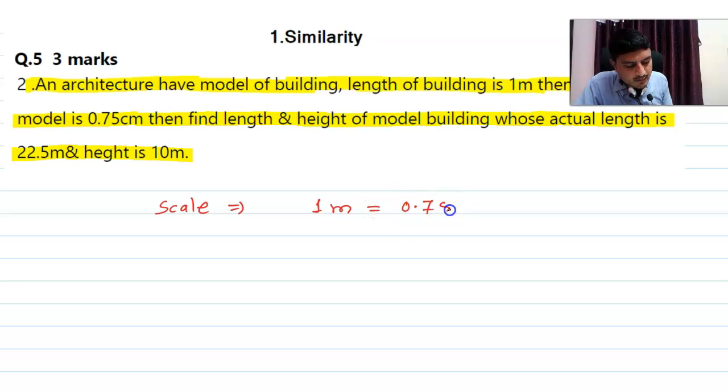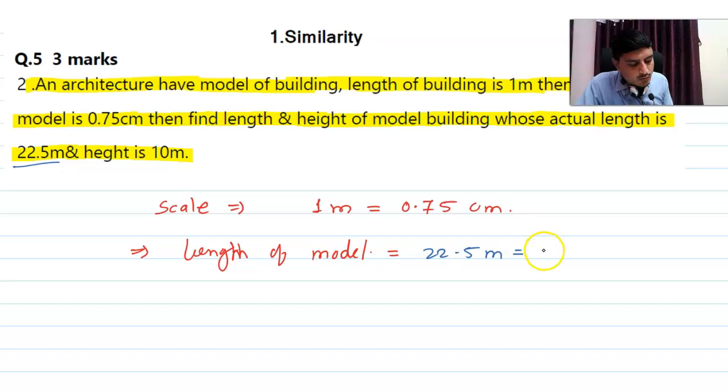0.75 centimeter. So that implies the length of model, once we multiply both sides by 22.5, so 22.5 meter equals 22.5 into 0.75.